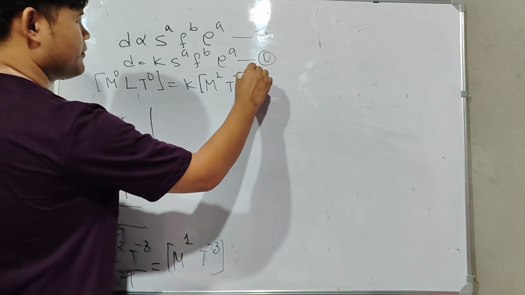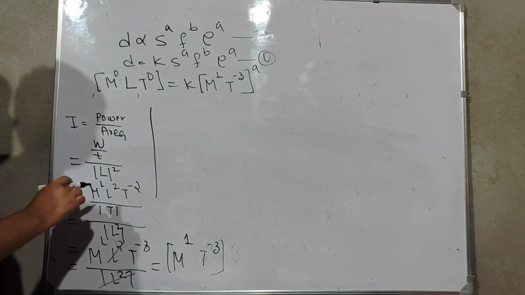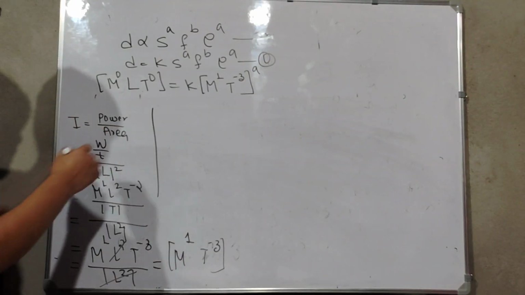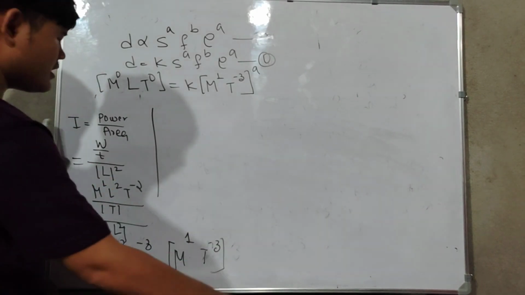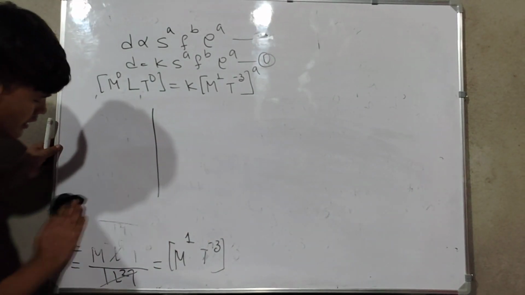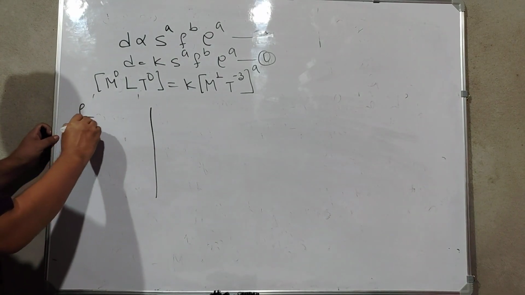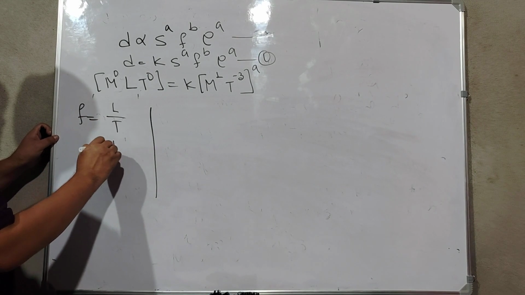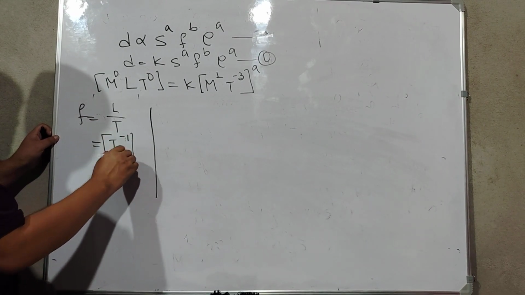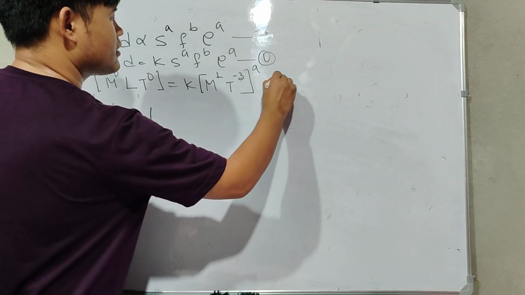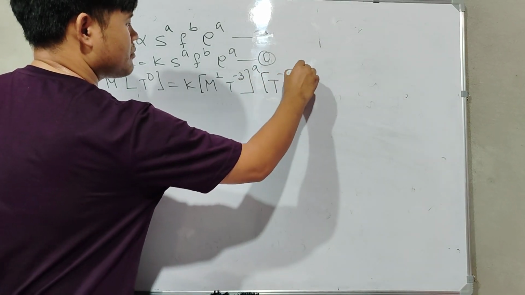Now frequency F. F means it is the inverse of time. F means 1 by t. It will be t inverse.